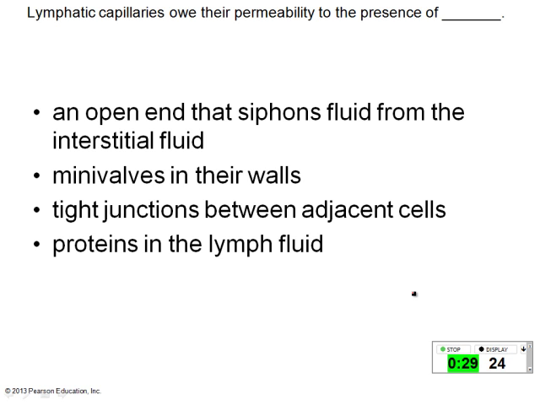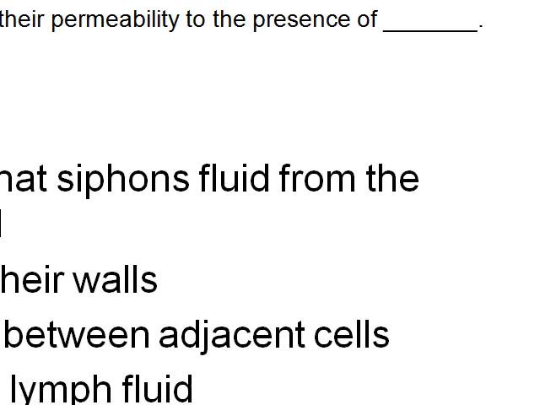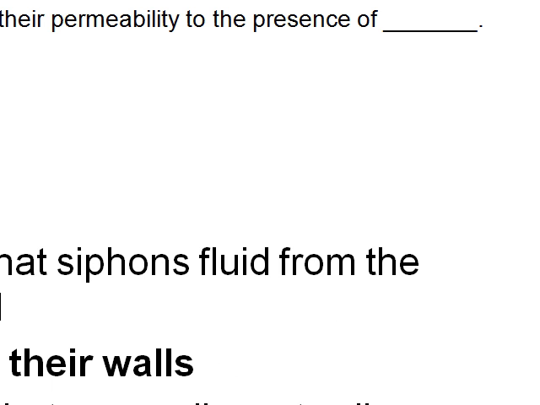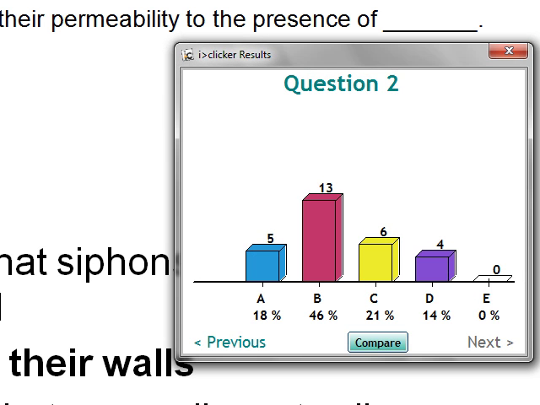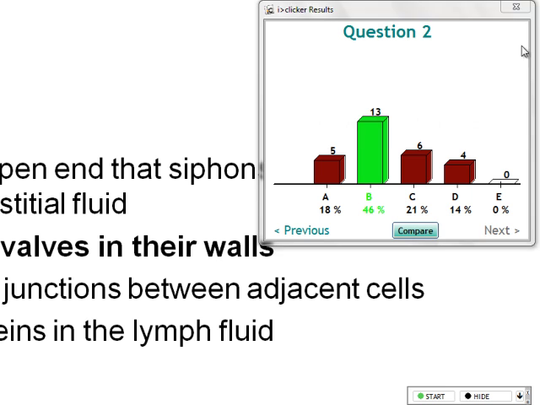Five, 4, 3, 2, 1. What's the answer? The answer is B. Those little mini valves, not minivans, mini valves.